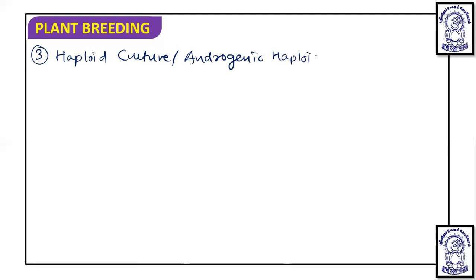After this embryo culture, the third type of culture that can be done based on the explant is haploid culture, or androgenic haploid culture, or we can say pollen grain culture.